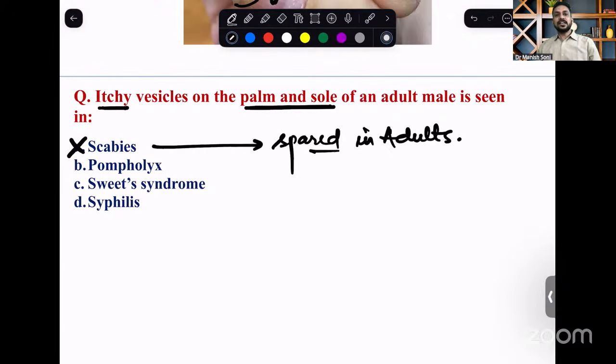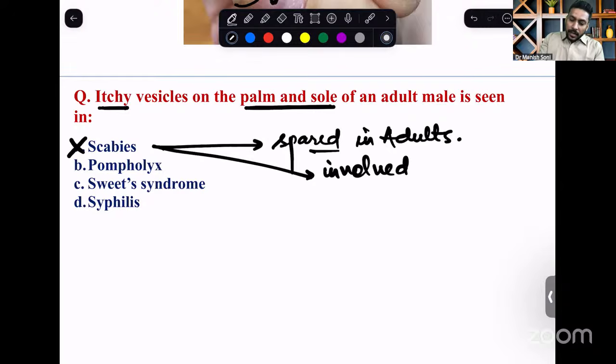So when adults suffer from scabies, palm and sole are spared, though they can be involved in infants. So in infants suffering from scabies, palm and sole can get involved, but in adults, they are spared and the patient is adult. So this is not scabies.